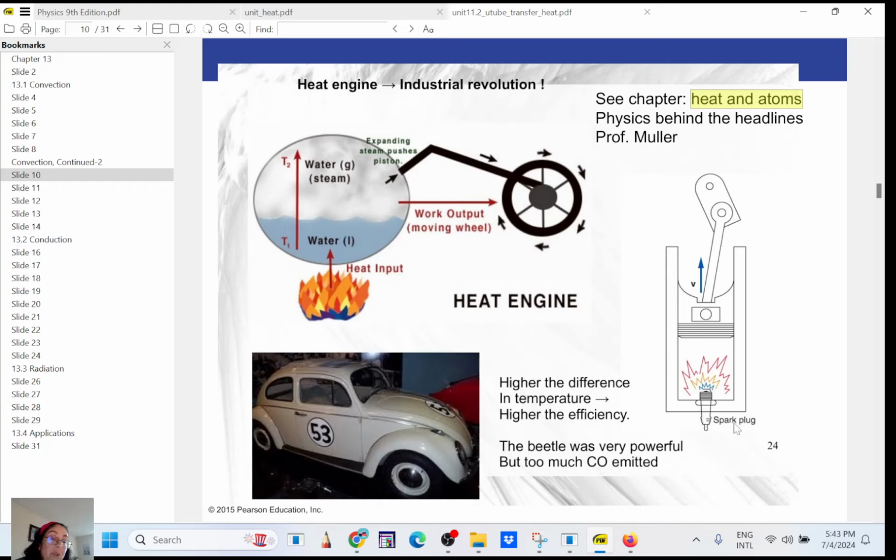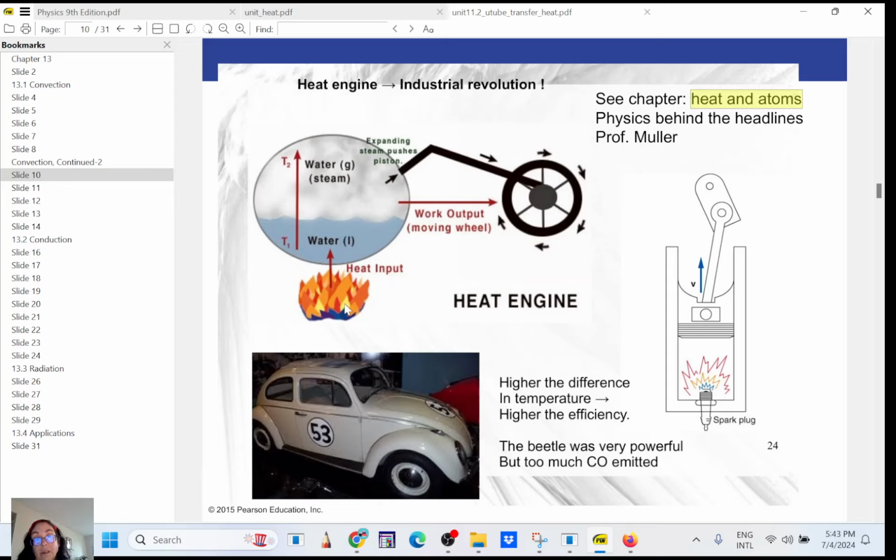You see here, you have a spark plug. You're going to create heat here. The cool reservoir is outside. This is a hot reservoir. So air will push the piston here that will move the car. So this is how the first steam engines were developed at the time, and they were trying to make them as efficient as possible.